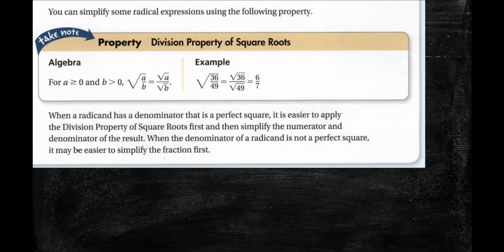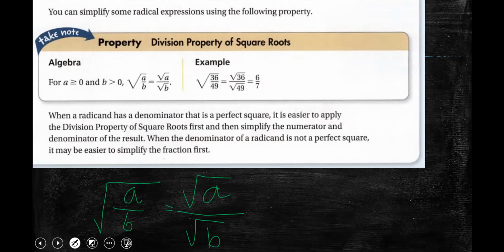We know that if you have a square root of a over b, it's like the multiplication. I can distribute the square root on the numerator and on the denominator.